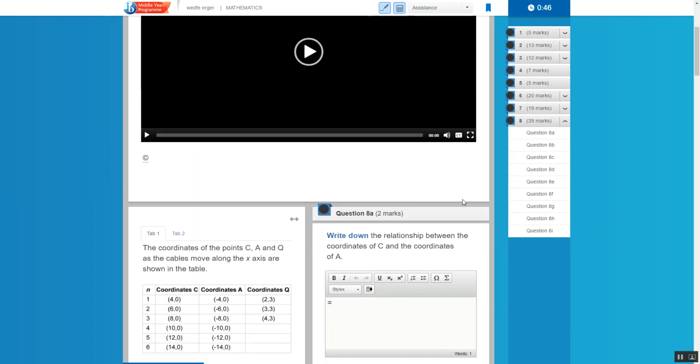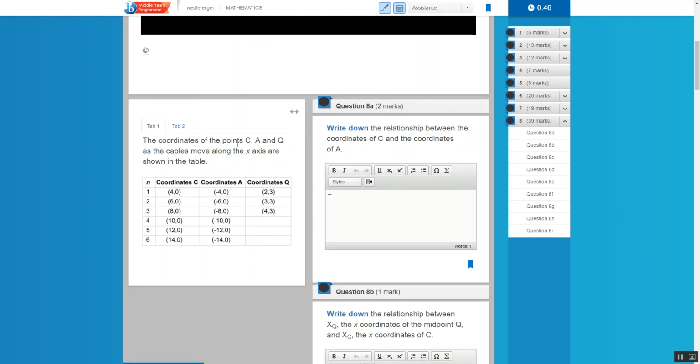So this one we're looking at bridges. We've got coordinates. We have to write in the relationship between the coordinates of C and coordinates of A. We can see that the x coordinates are all negative compared to the C ones.